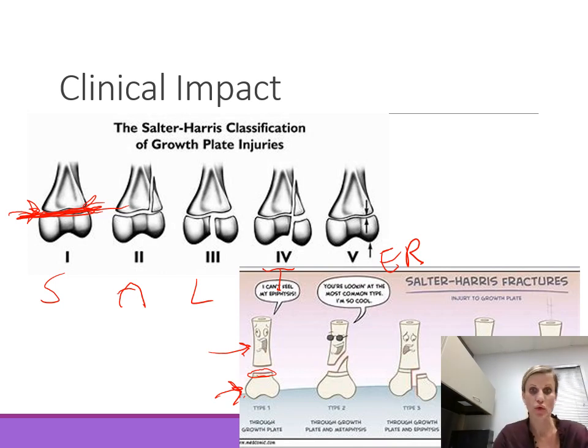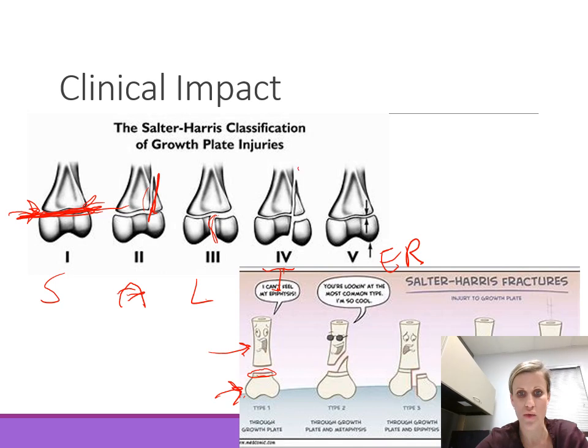A type 2 growth plate injury is above the growth plate, right? So here you see the injury affects the growth plate from above. So A for above. L for lower. So a type 3 injury goes from the growth plate down lower or more distal. A type 4, T, is completely through, right?